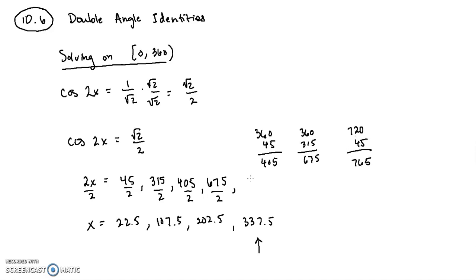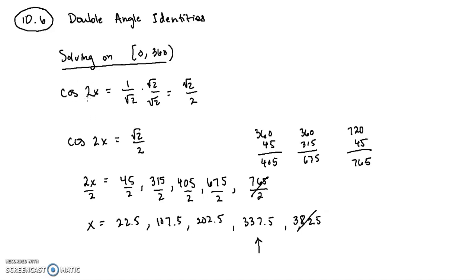If you're ever unsure, add another angle, and then divide that by 2 as well. So my next one would be 382.5, I think, and that's over 360. So I know that I went too far, and I throw those out. Basically you just keep going until you run out of angles that fit. That's the main difference.